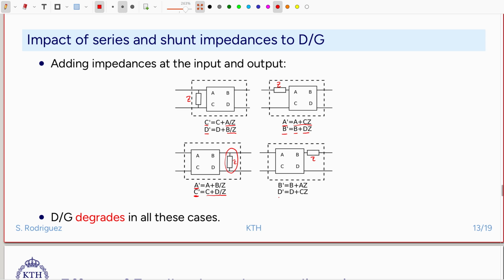Now, sometimes we have to do this, and one case that we have talked a little bit about is when we have to do compensation, maybe we need to add some passive component to do the stabilization, but in any other cases, it is not a very good idea, because the linearity will be degraded.